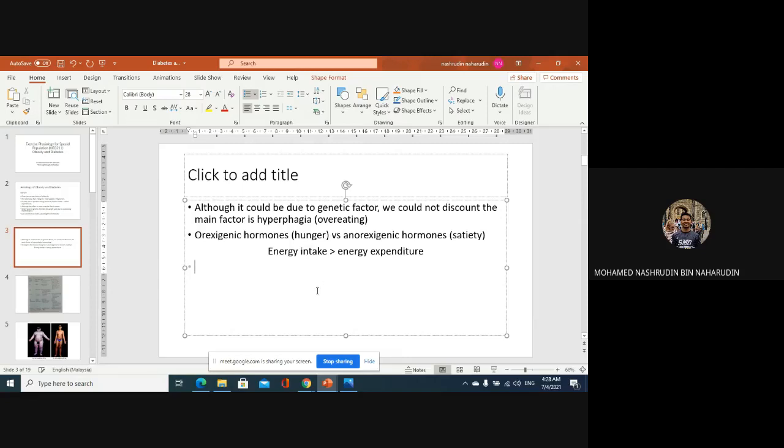Therefore, they will end up having more energy intake than energy expenditure, especially if they lack exercise and physical activity in their daily routine.